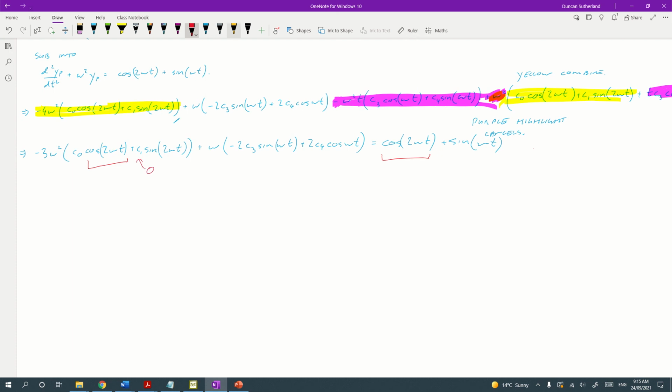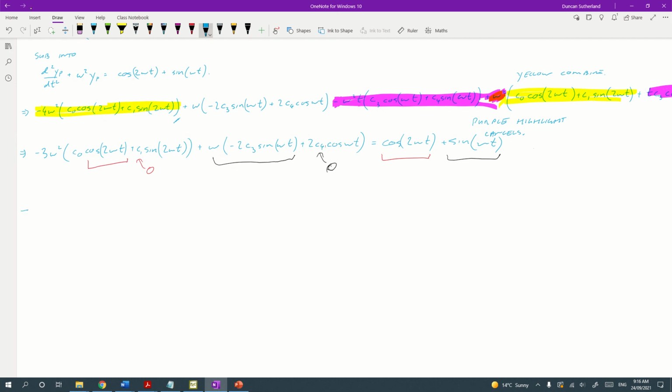Similarly, this sine omega t term has got to match with this sine term here. There is no cos omega t term on this side. So we know automatically that C4 is also 0. That's the only way that these two terms can disappear on the left-hand side of the equation and match the fact that they don't appear on the right.